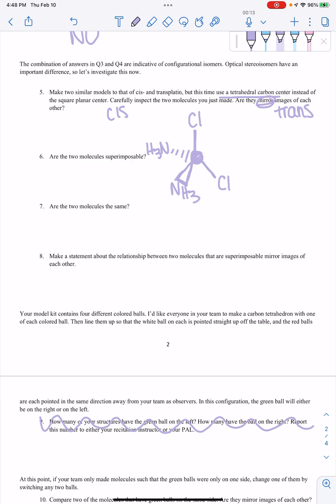So we're just going to start drawing the form of the structure to mimic the one on the left. So we're going to draw the two in-plane atoms the exact opposite as they are on the left. And then we're going to have a wedge, and then we're going to have a dashed wedge.